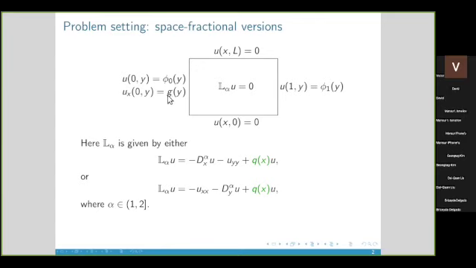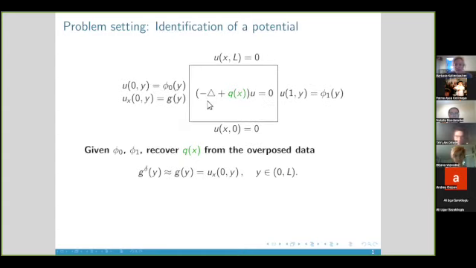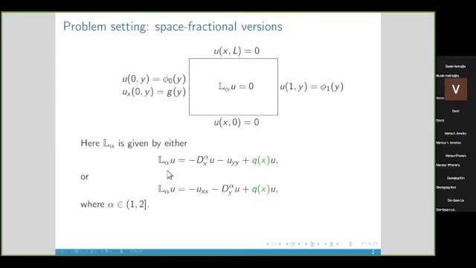So now we would like to move into a space fractional setting where, instead of the Laplace operator from the previous slide, we have a fractional operator, L alpha. Alpha is the order of differentiation that appears here, which might be something between 0 and 2, or actually between 1 and 2, so that it still mimics the Laplace situation. But of course, there's also the q of x still appearing. This is still our searched for coefficient.